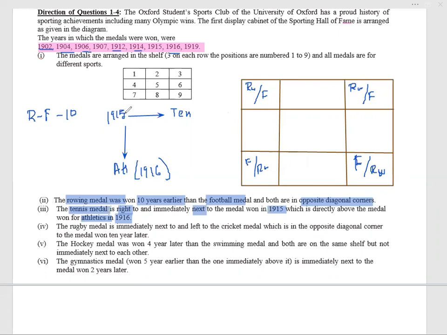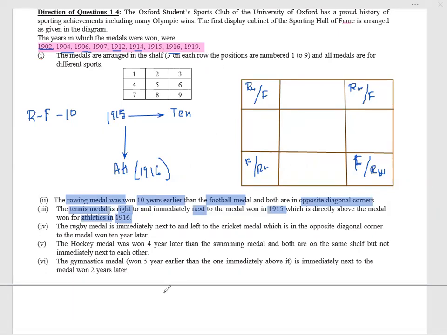So how do I place them? This type of arrangement can come here if football rowing is taking these two diagonals, and can come here also. So right now I cannot place them.